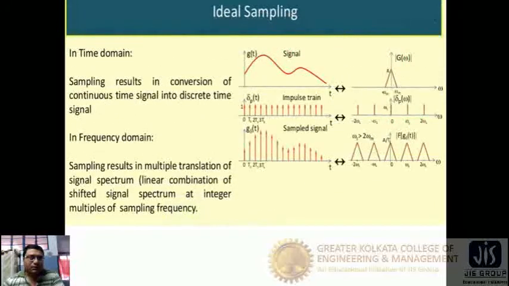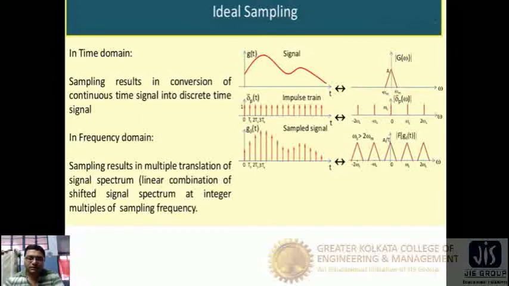So in the time domain, sampling converts a continuous time signal into a discrete time signal. It is the conversion process. But in the frequency domain, sampling results in multiple translations of the signal spectrum.